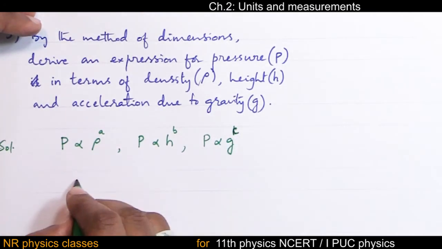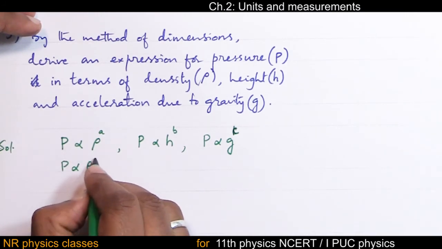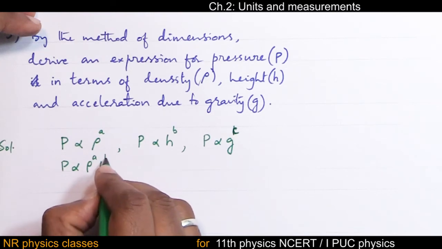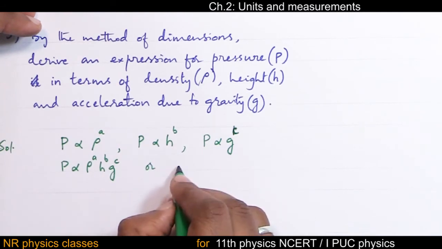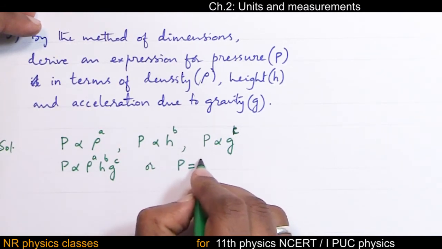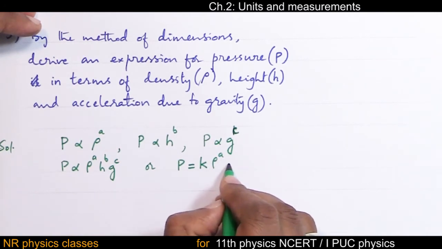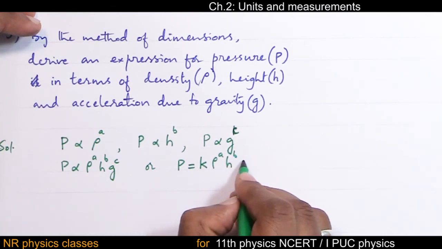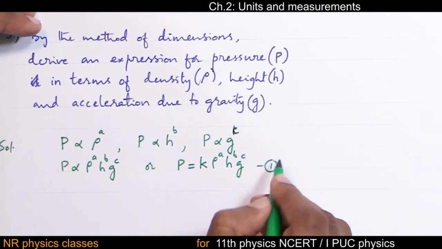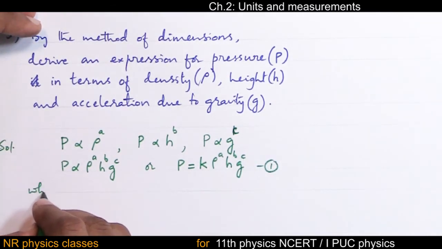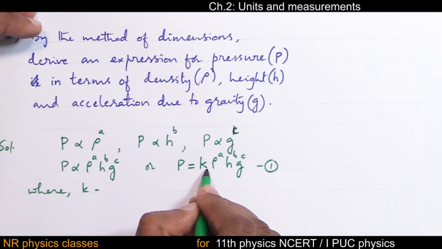Or pressure is proportional to rho power A, h power B, g power C, or pressure equal to constant of proportionality K, rho power A, h power B, acceleration due to gravity power C. This is equation 1, where K is the dimensionless constant of proportionality.